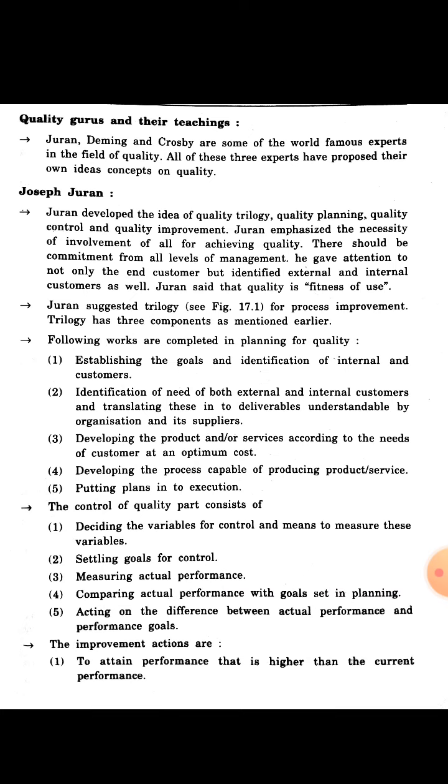First is establishing the goal and identifying internal and external customers. Second is the identification of the needs of both the external and internal customers, and translating these into deliverables understandable by the organization and its suppliers. Third is developing the product and service according to the needs of the customer.